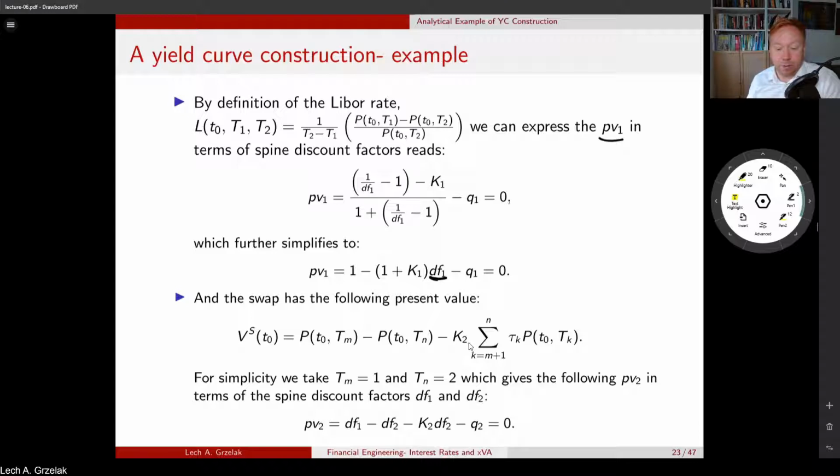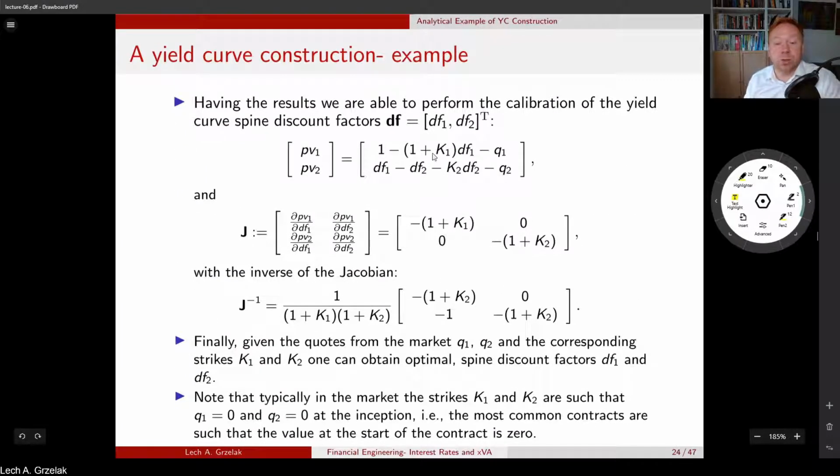We have k2 times tau, the accrual, which we set to 1 because for t1 and t2 the difference is just 1 year. And then we multiply with df2, so this is the second payment, because we only do it at n. So this is this term, and then we subtract q2 equal to 0. So this is our second equation in our set.